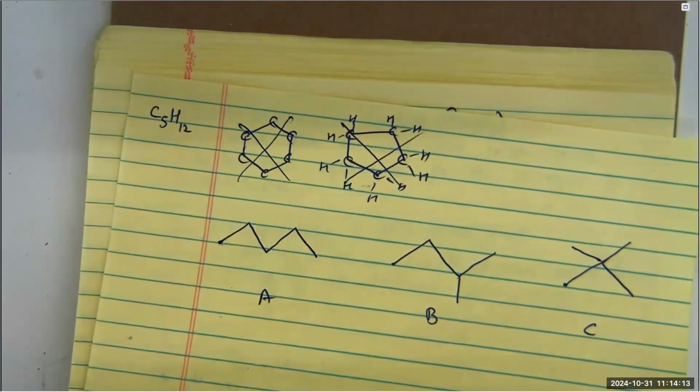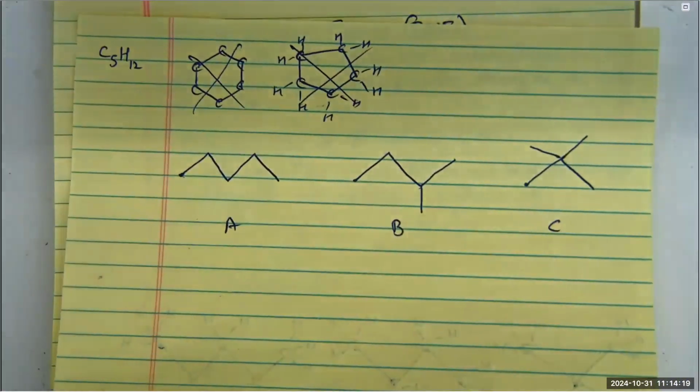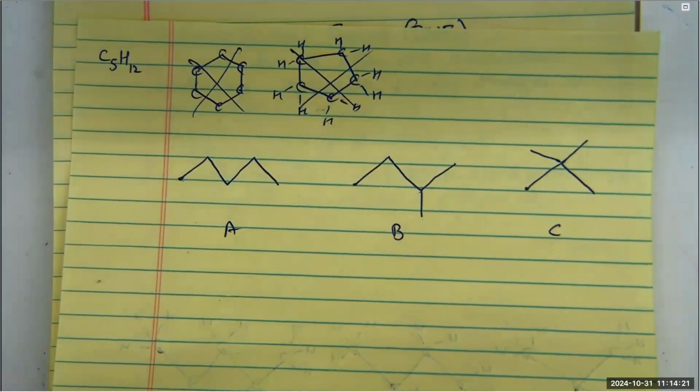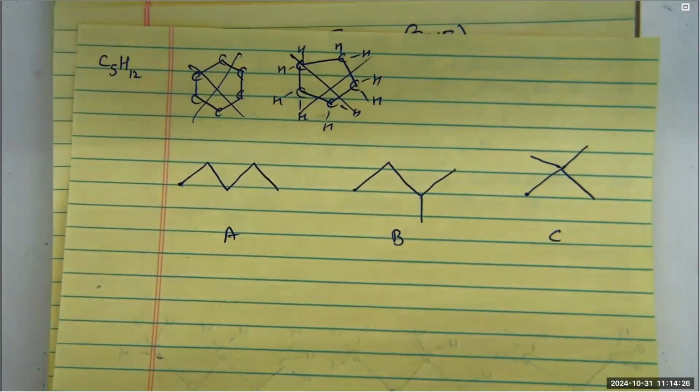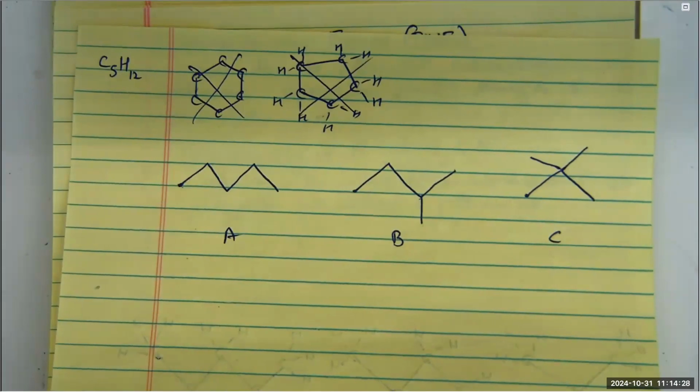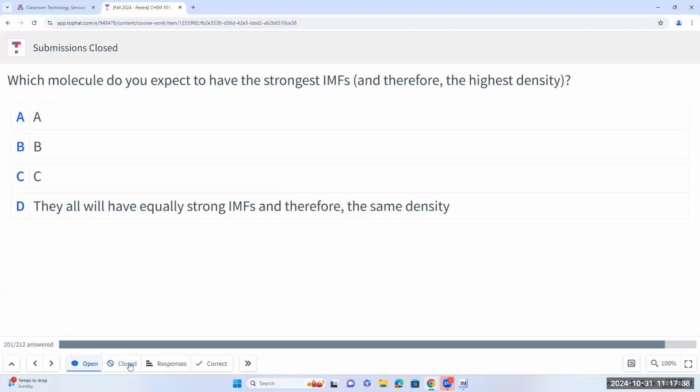Which molecule, which isomer, A, B, or C, do you expect to have the highest boiling point? Go ahead. They will have 3 different boiling points. So what was your answer again, William?